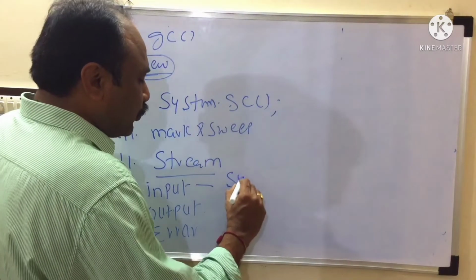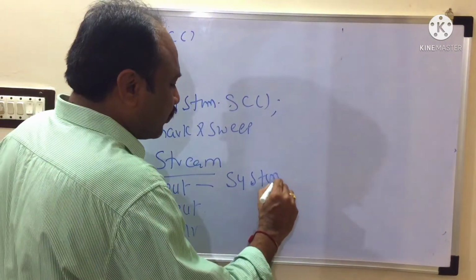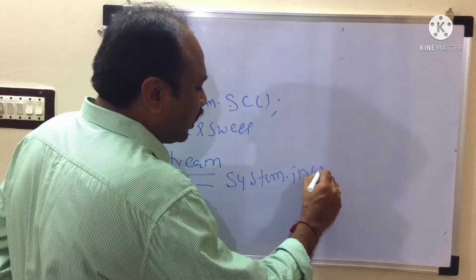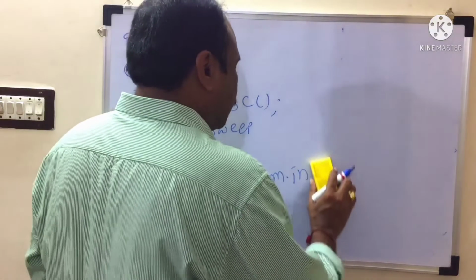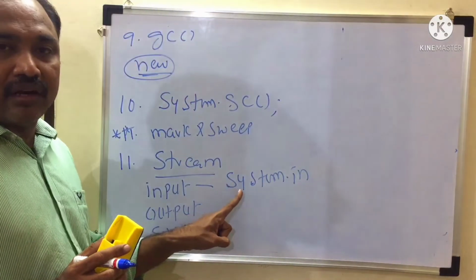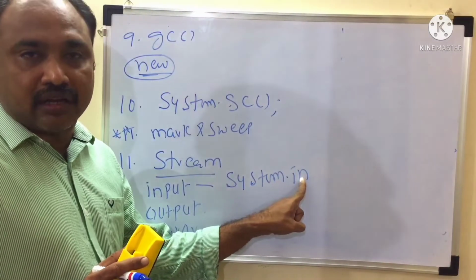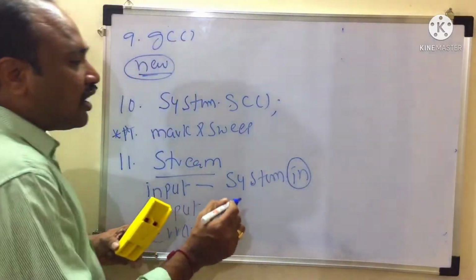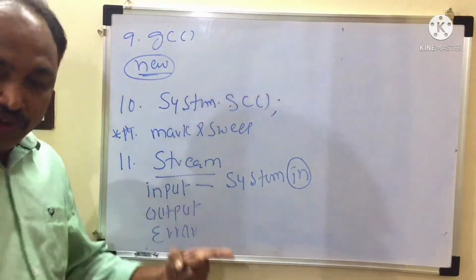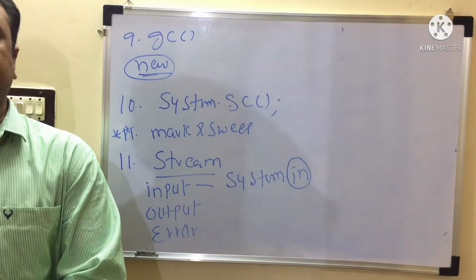Normally while reading data from the keyboard, we use System.in. System is a predefined class in the java.lang package. In is a static object. When you use this in object, it is indirectly directed to the input device.